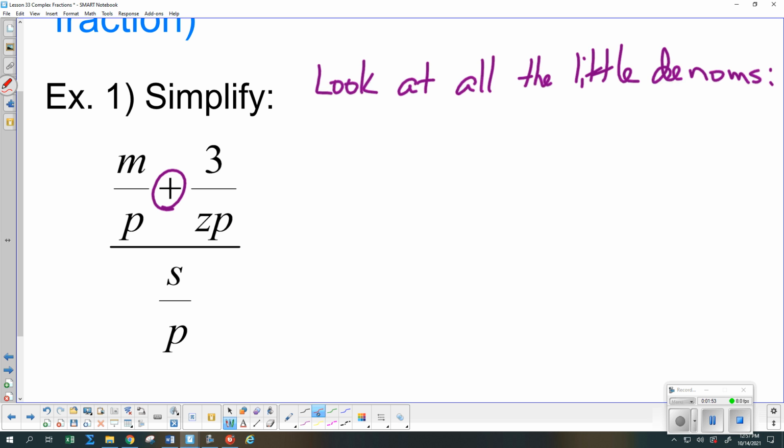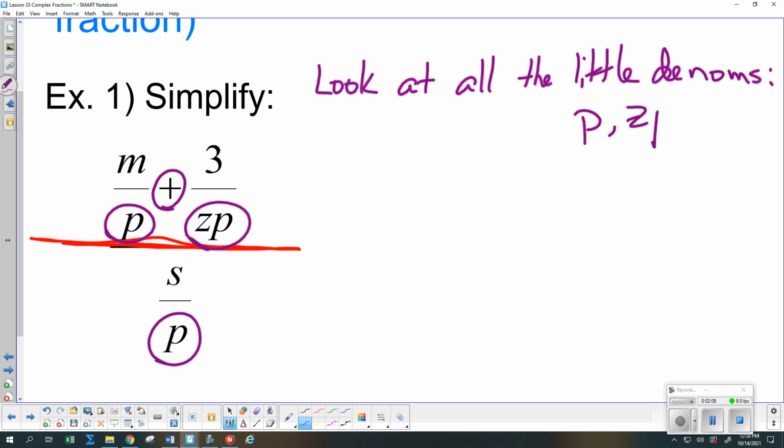So to do that, I need to first figure out, this is my main fraction bar. And so I have some little denominators here. I have P, I have ZP, and I have P. So what would be my least common denominator of those 3? It would be ZP, PZ, whichever order you want to write that in.